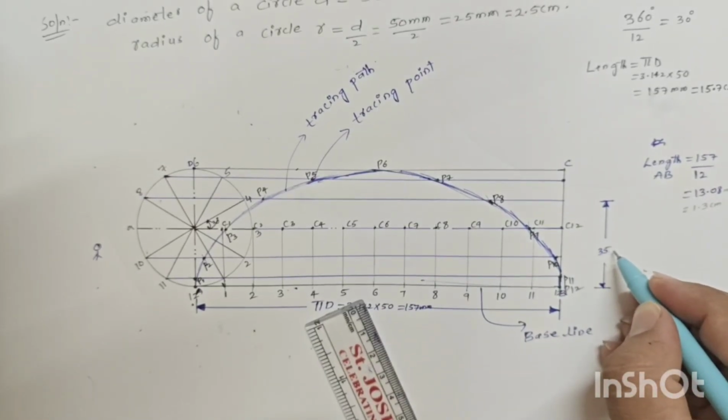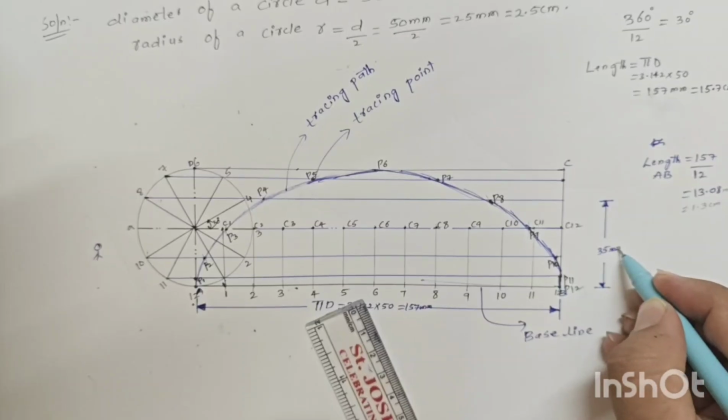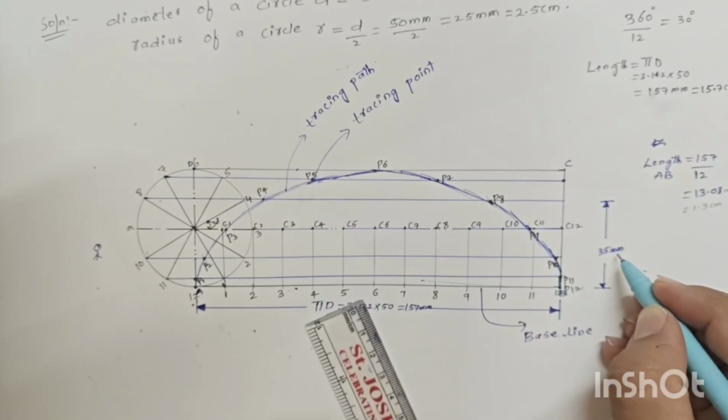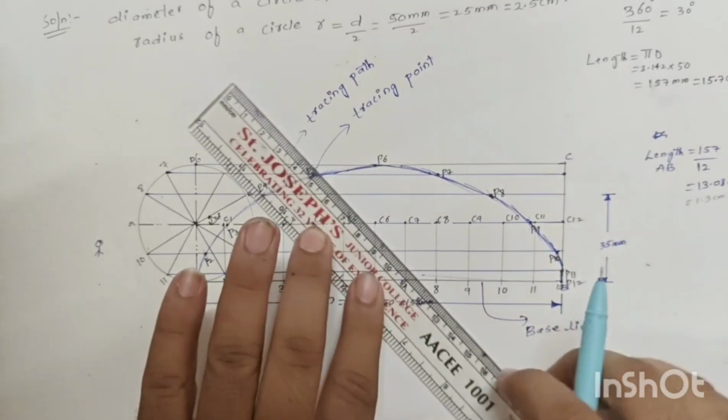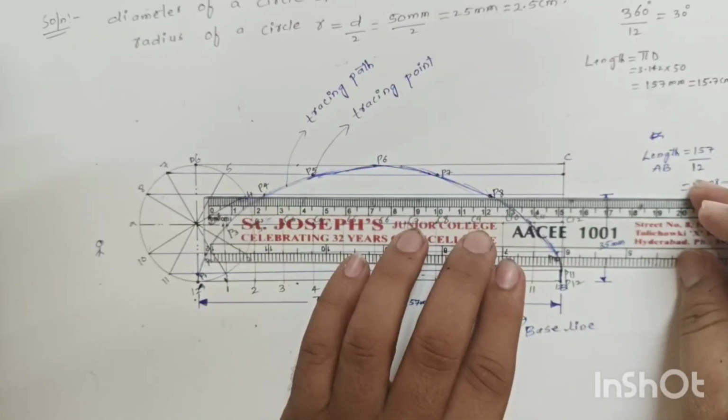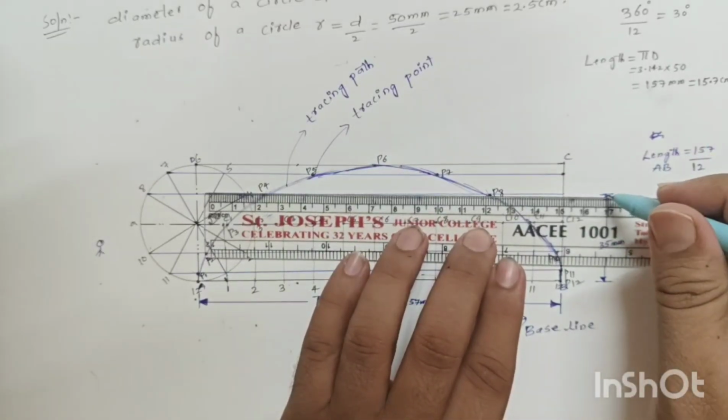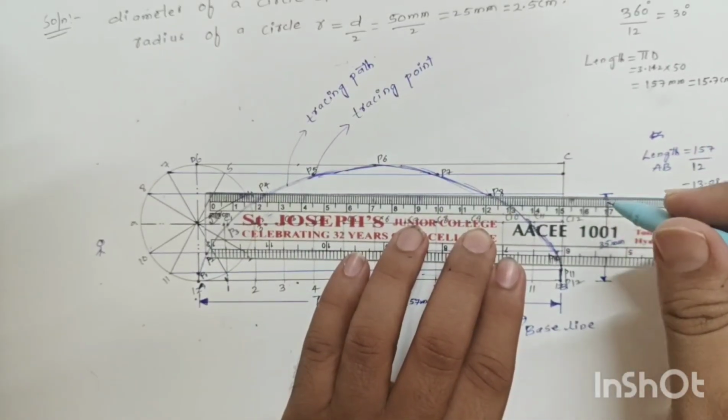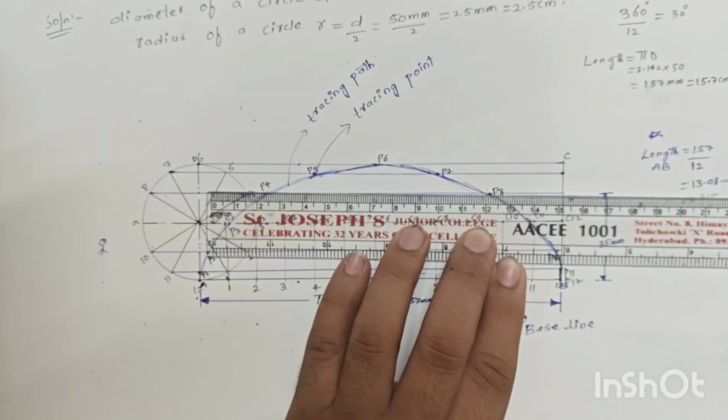Nothing but 3.5, nothing but 35 mm. 35 mm is called as 3.5 centimeter. Clear? From this point, you need to draw one vertical line. This line should touch. I will use another pen.